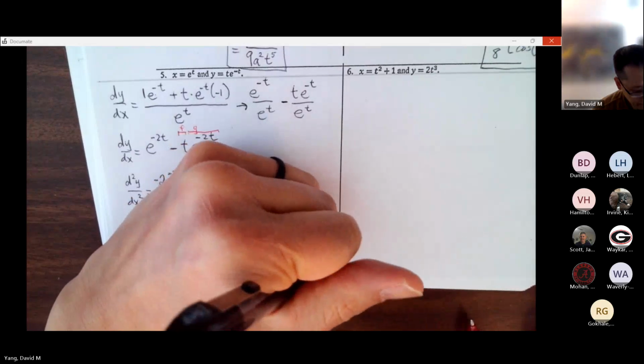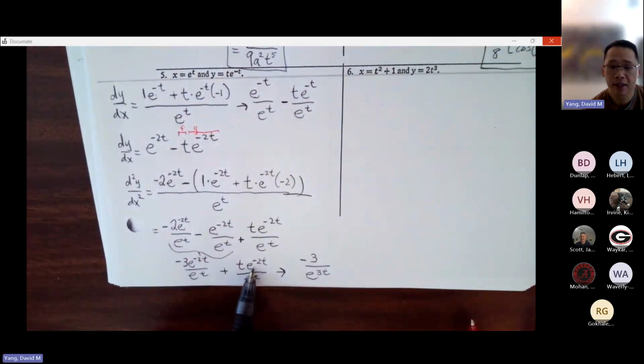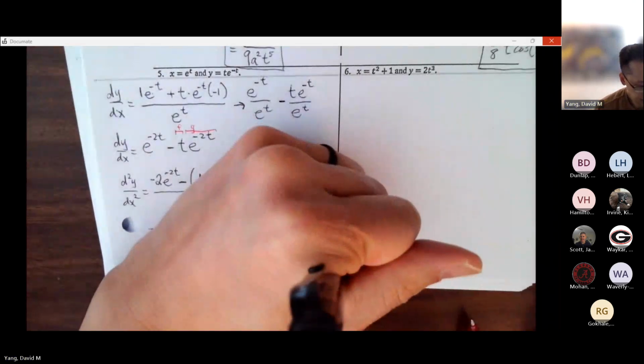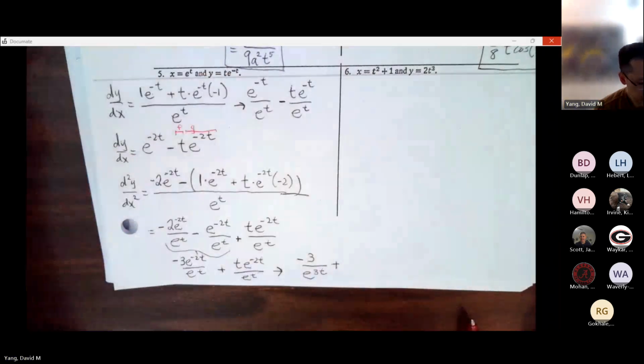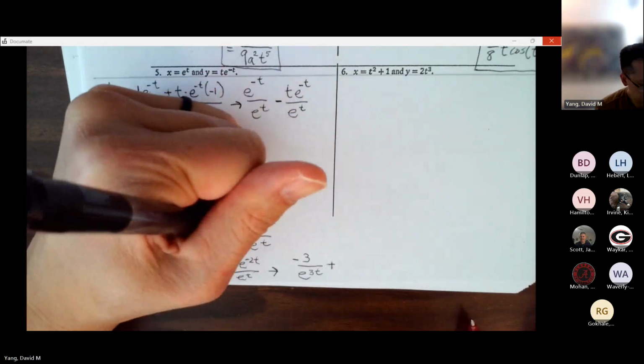And then plus, I can move the negative exponent down here, sharing the same space as this, and I get e to the 3t down below as well. Oh, I lost the negative 2 here.